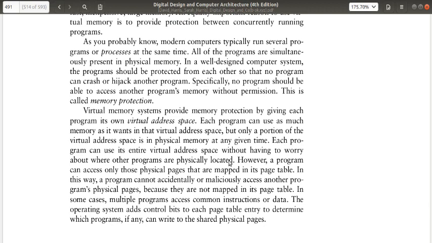This whole process of managing the data between the physical memory and the hard disk, taking pages from the hard disk and putting them into the memory, and vice versa, is called paging. Okay, I forgot to mention it in the beginning of the lecture. The whole concept is called paging.